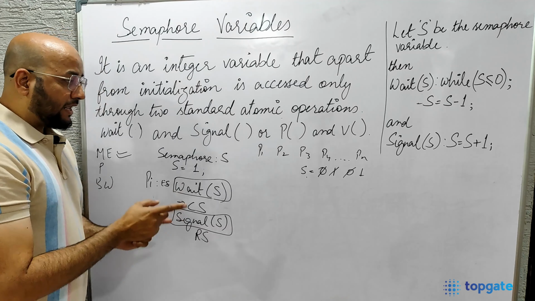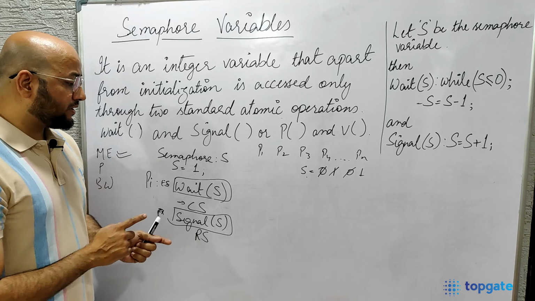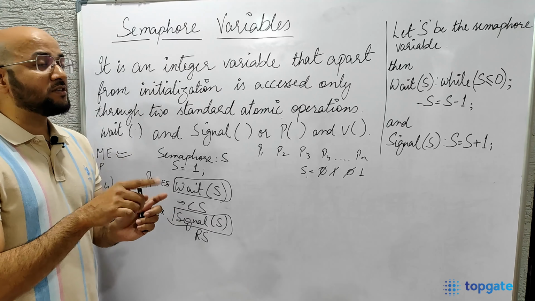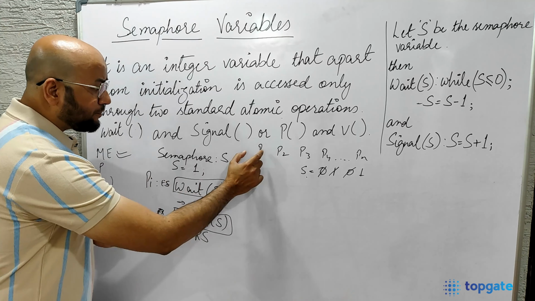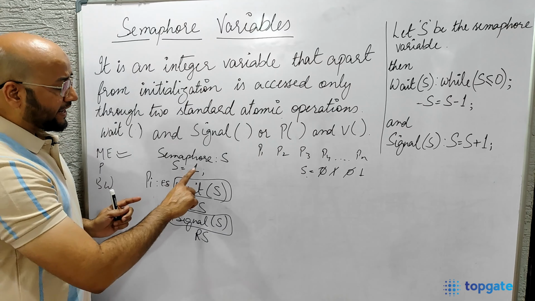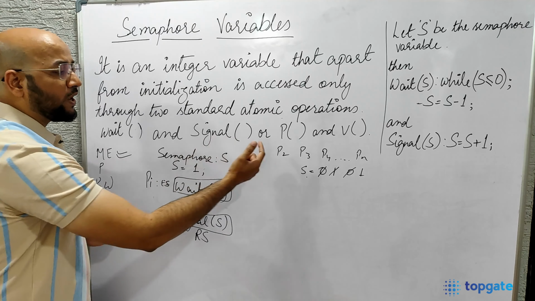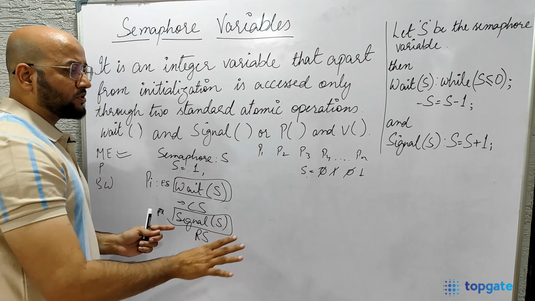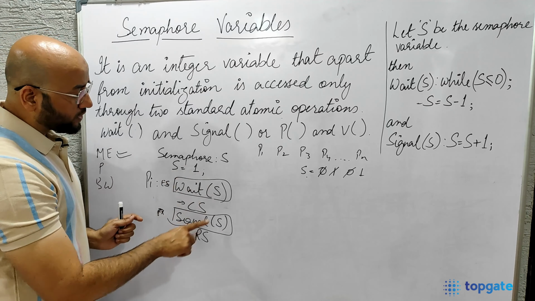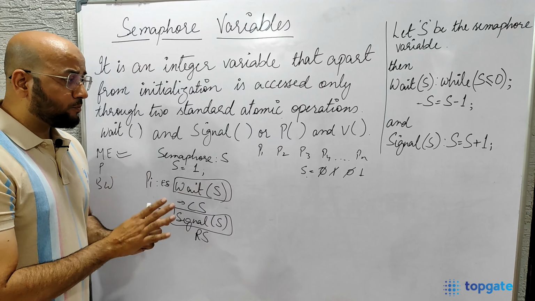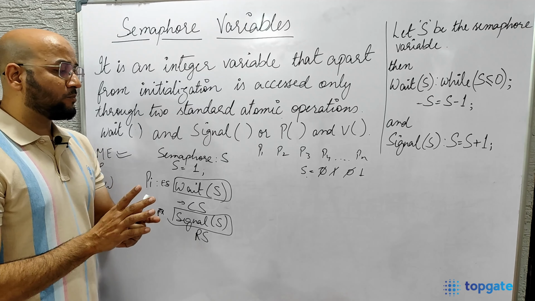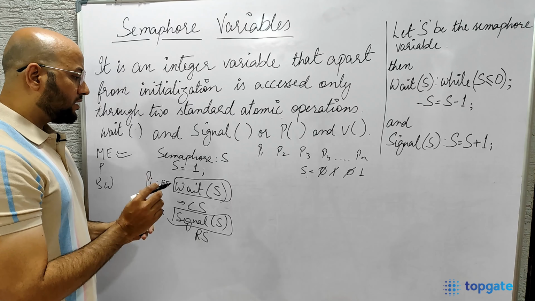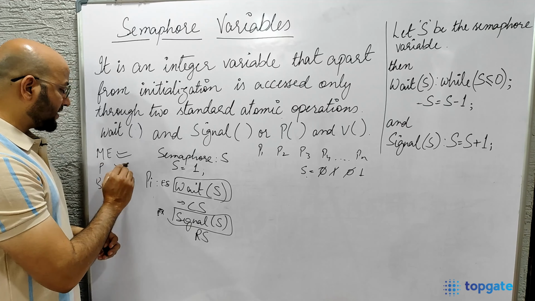If you see here, any process that has to go to the critical section has to execute this part, and no process is dependent on anyone to change the values for itself. Suppose P1 wants to go to the critical section, it has to execute these statements. If P2 has to go, P2 has to execute these statements. Similarly, all the processes that want to go to the critical section have to execute these statements, and no process is dependent on any other process to change the values for itself. Clear? So we can say that the progress requirement is also satisfied.